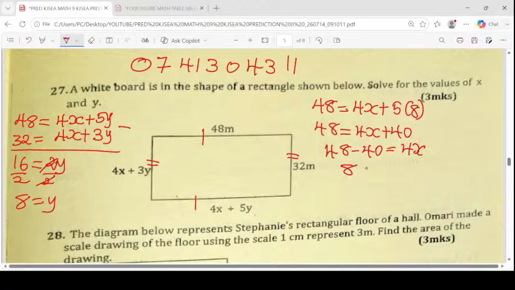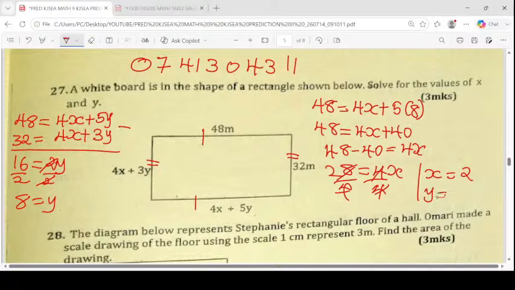Then this is 8 is equal to 4x. To get the value of x, I divide here by 4. I also divide here by 4. So I'll get my x is equivalent to 2. Remember, my value of y was 8. By doing it like that, I'll have found the values of x and y which the question requires. And that is how you get 3 marks for question number 27.